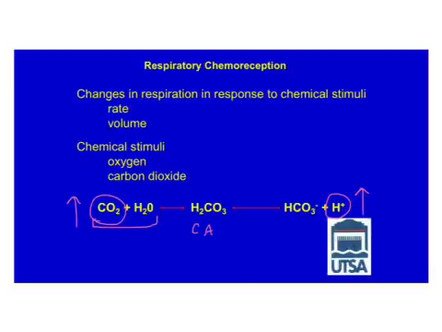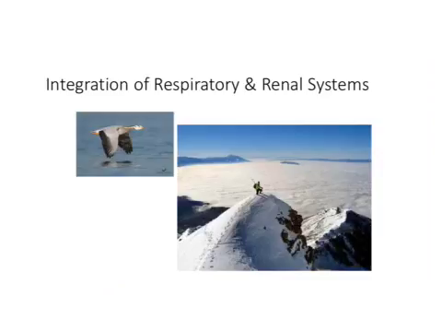And we can alter the CO2 in the body by how we breathe. And what you can see here in this picture showing the bar-headed goose that flies over the peak of Mount Everest, and a person here trying to stand on top of a high mountain, is some of the examples that we're going to use in these different functions.